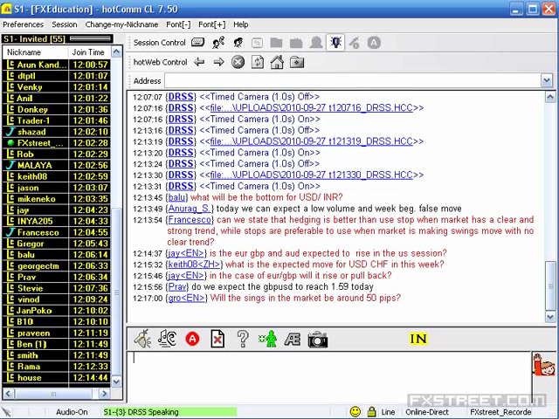Is the GBP, Euro GBP and Australian dollar expected to rise in the US session? Yeah, Euro, GBP and Australian dollar are expected to rise during the US session. What is the expected move for USD? I've been telling that the denominator currencies are going to hold for a longer time, and probably you know that it is the last week of the month.